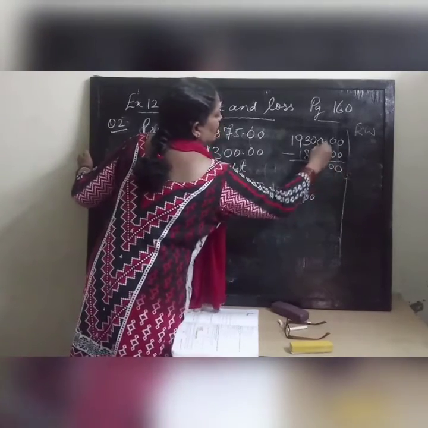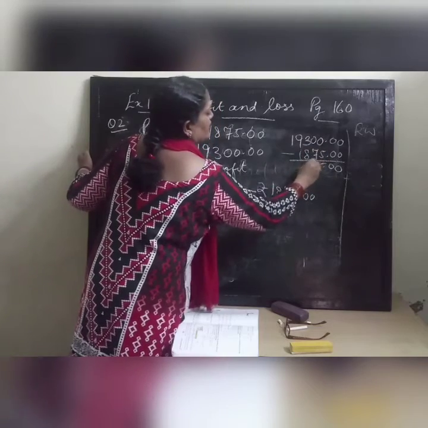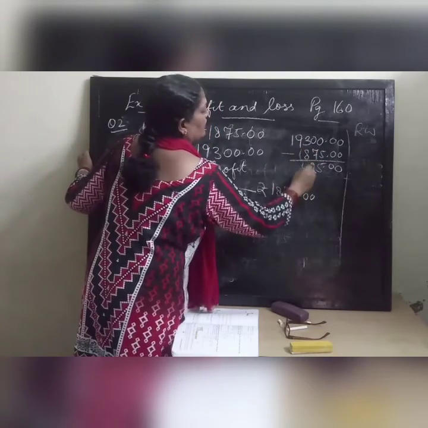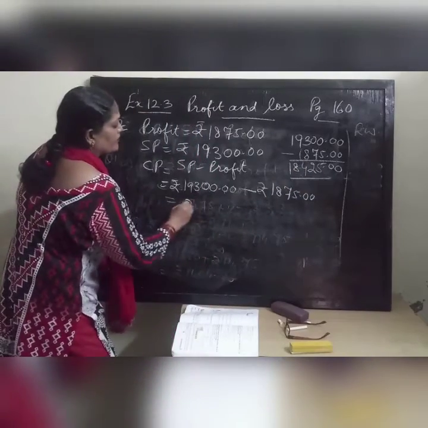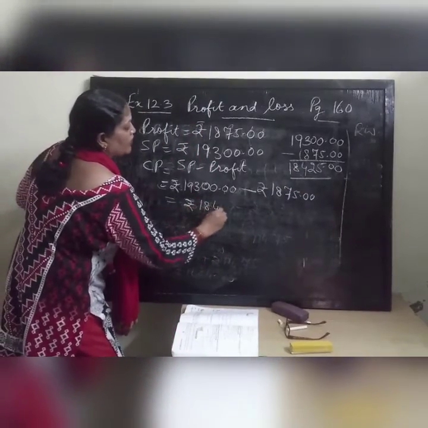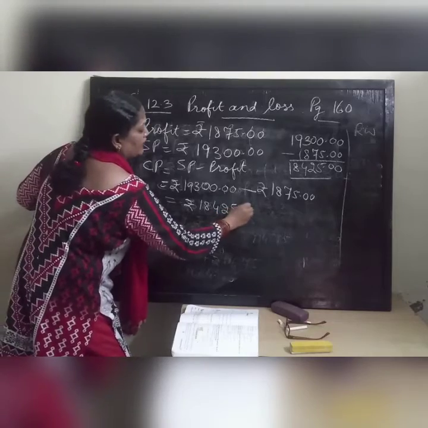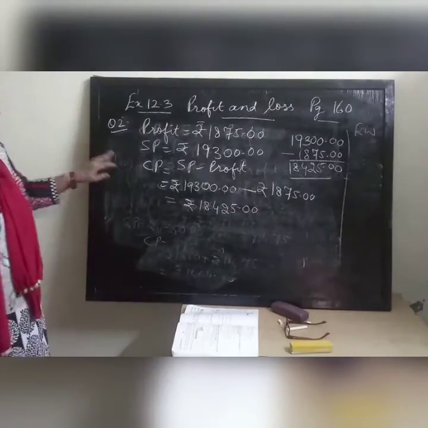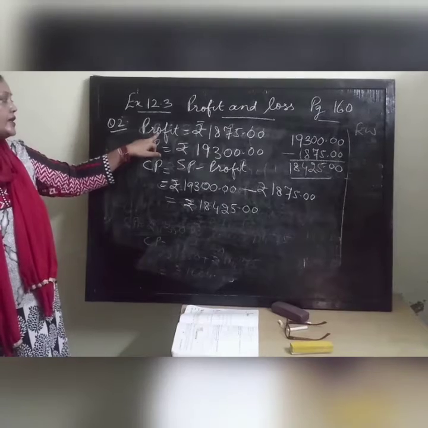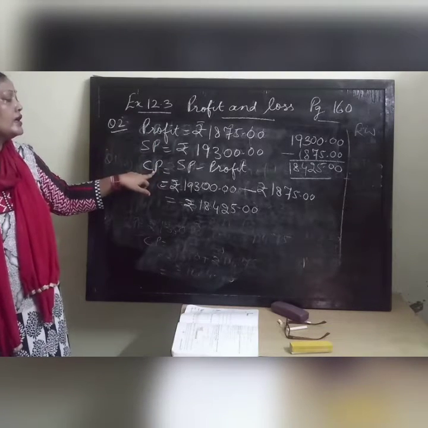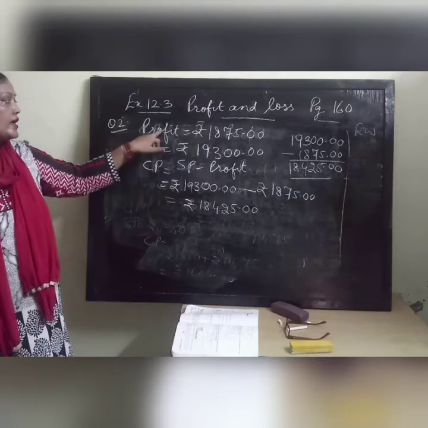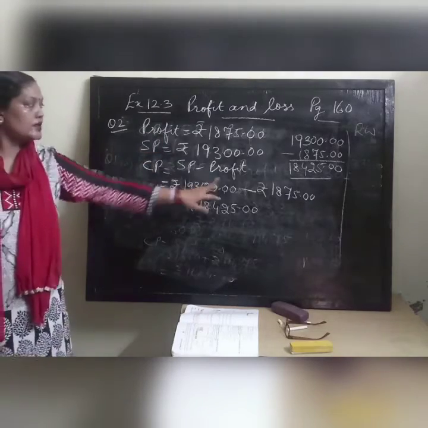Subtract, students. 10 minus 5 is 5, 9 minus 7 is 2, 12 minus 8 is 4, 8 is here, 1 here. Rupees 18,425. Understood all of you? See, profit is here, selling price is given, that means cost price will be less because we are having a profit. So we have to subtract it.